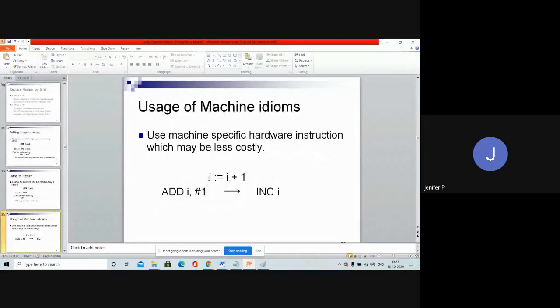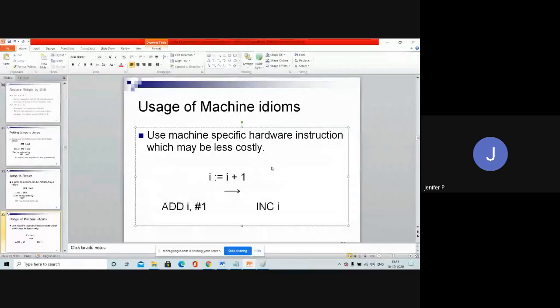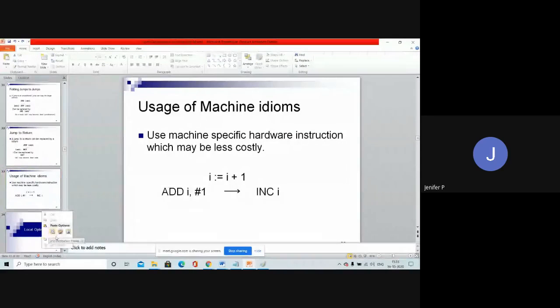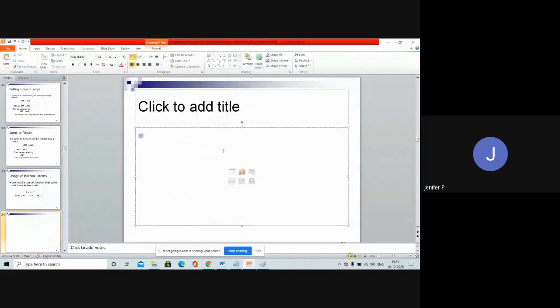So how can I calculate I equal to I plus 1? The various possible statements I will show in the next slide. For I equal to I plus 1, I can write the statement like this. Move I comma R naught, that is, I am moving the I value to R naught.